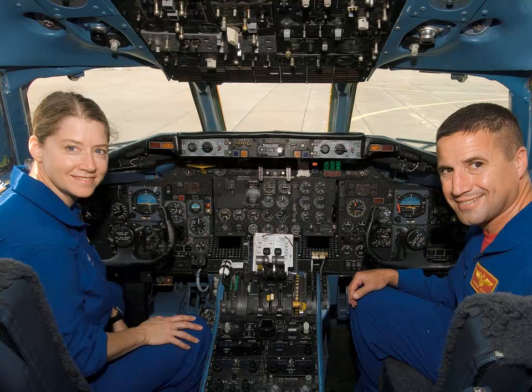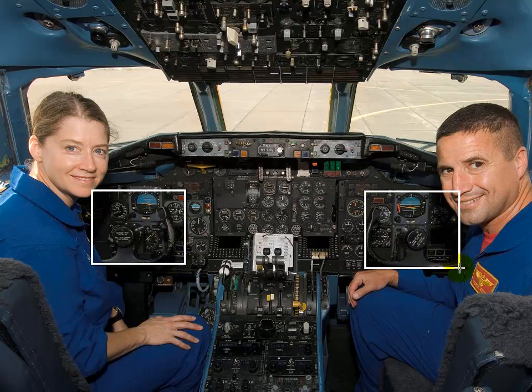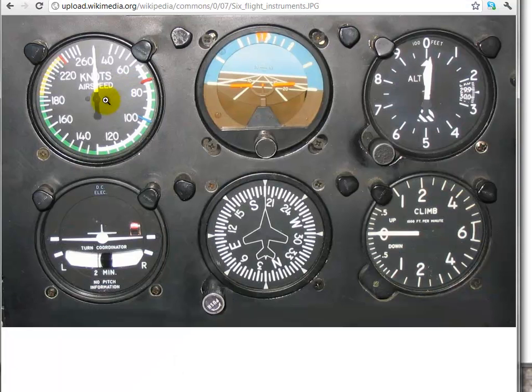The 6 we're going to be looking at are called the basic 6, and they're in front of each pilot. They consist of these 6 here: the airspeed indicator, indicated on the top left, the attitude indicator in the middle top, and then on the right we've got the altimeter, that's top right.